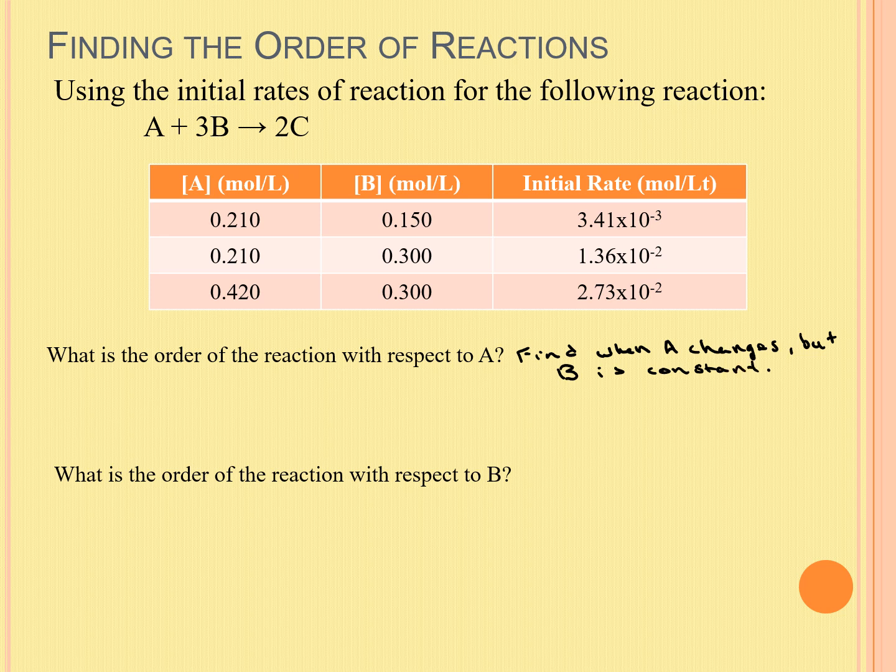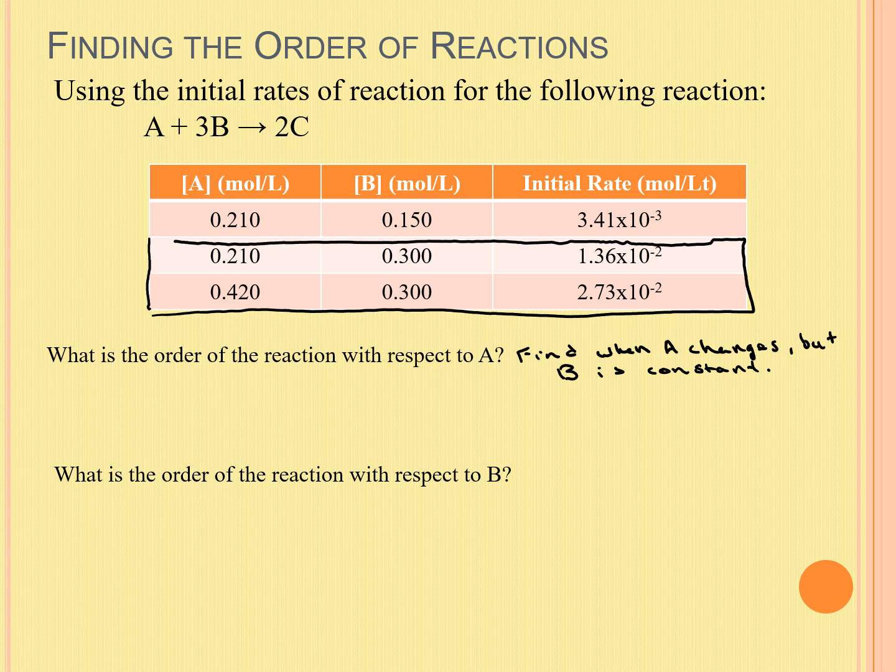All right, so what we're going to do is we're going to look for 2 different places of data where that happens. All right, so we need A to change and yet B to remain constant. So I'm going to pick these 2 sets of data here to run this one. Okay, and I'm going to show the entire thing for this one, and then we're going to shorthand it for the second one there with respect to B a little bit later on. All right, but I'm going to show why we're picking this.